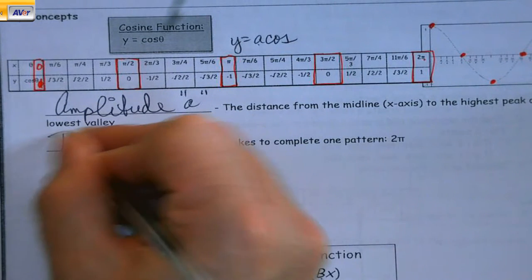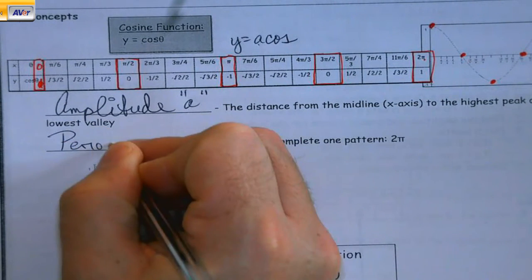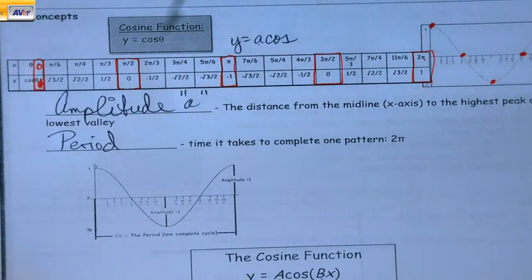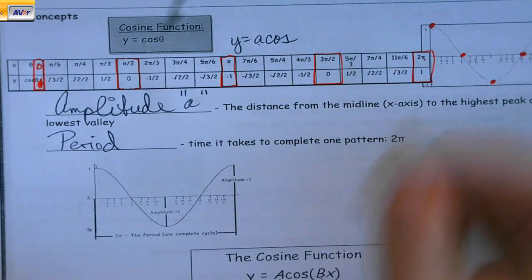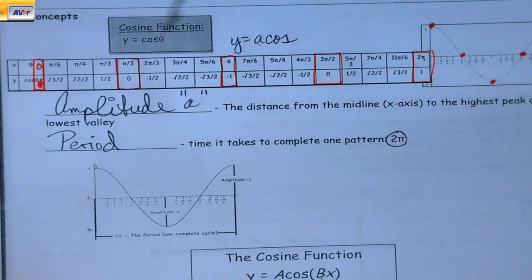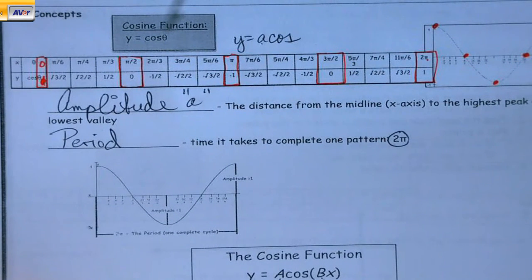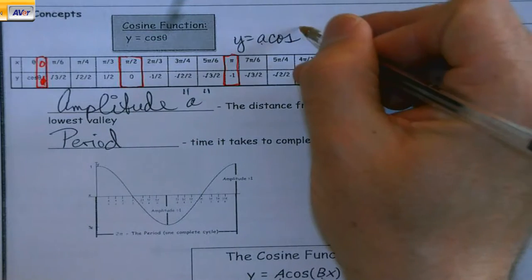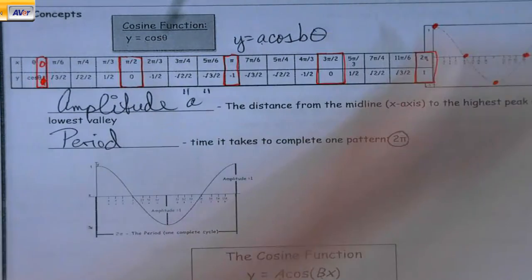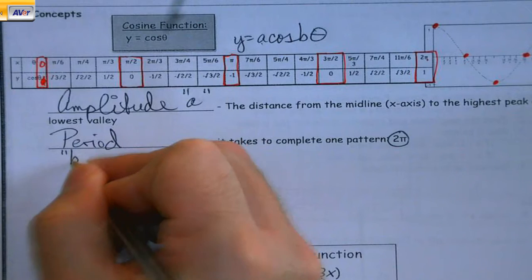The other part of this is my period, the time it takes to complete one pattern. And with these, again, it's going to be 2 pi. Now, even though we'll mention this down below, the value within that causes this to be a little bit different, is going to be my B value.